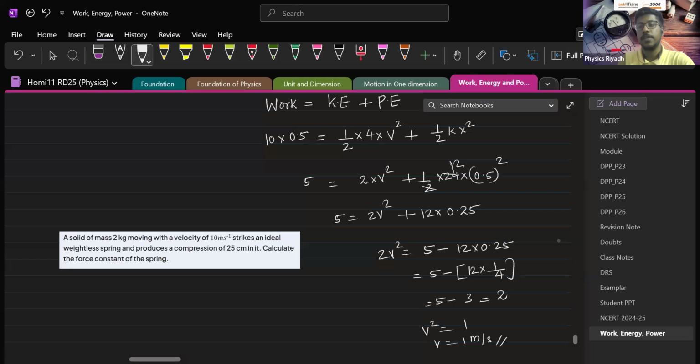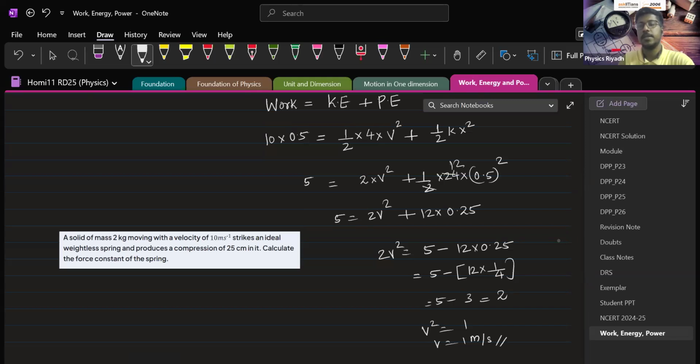Okay, so there is one thing here. Why did we use conservation of energy? How did we know that work is entirely getting transferred into kinetic energy plus potential energy? Because there are no dissipative forces here.